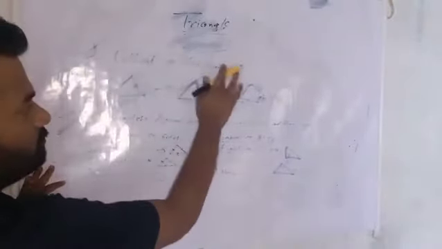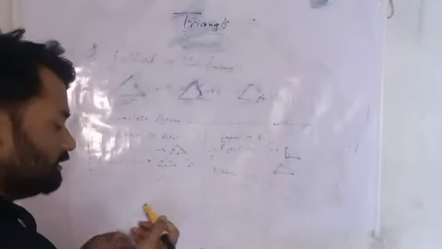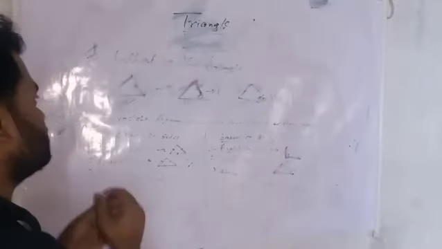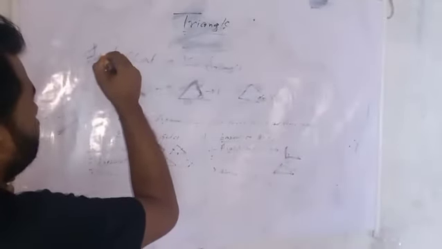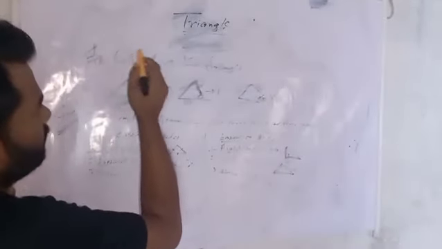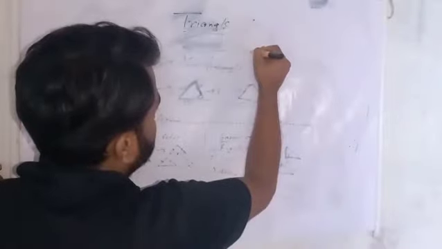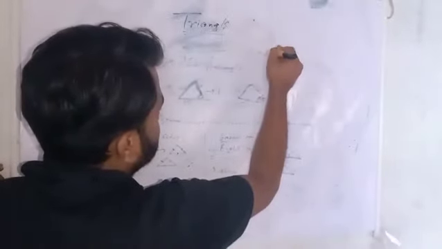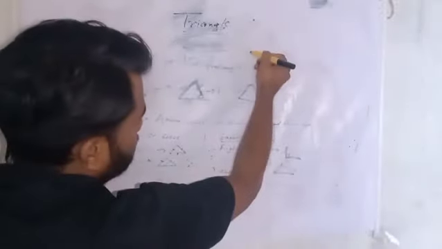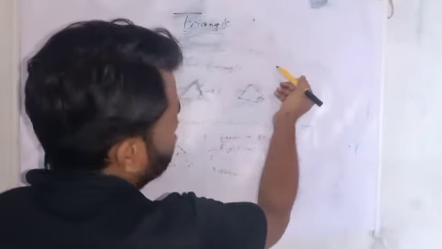For measurement, we have some words decided in mathematics. The first word is perimeter. Maybe you are hearing that word for the first time, but it is nothing difficult.